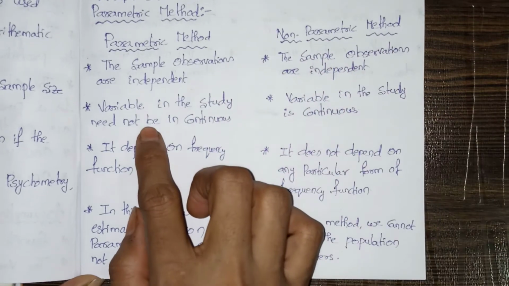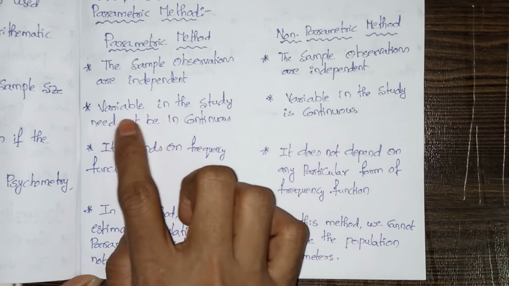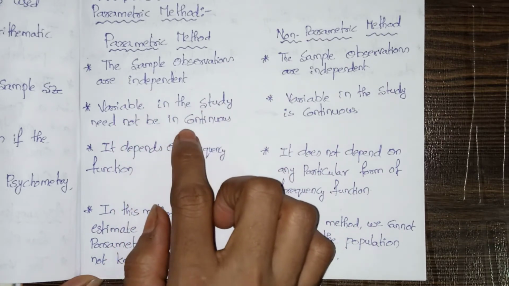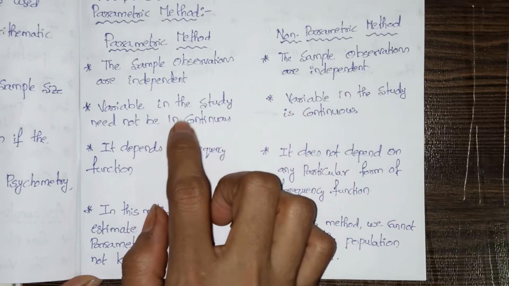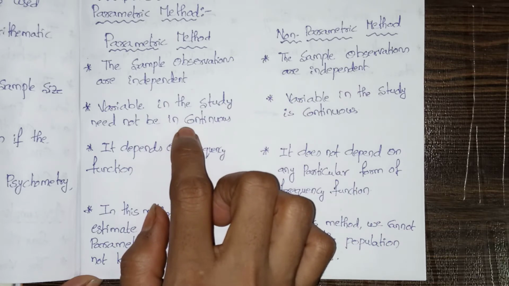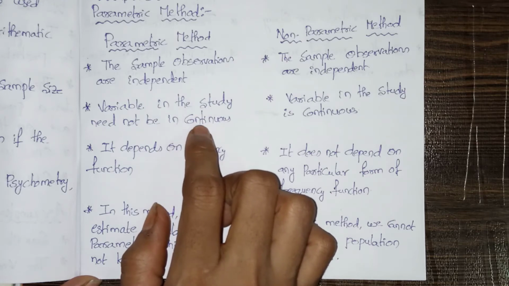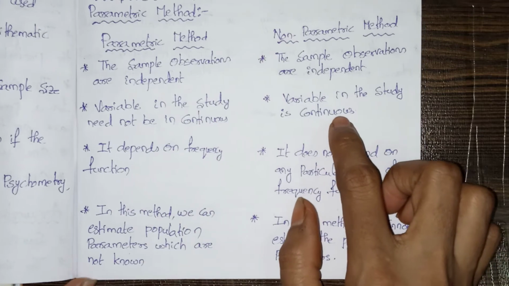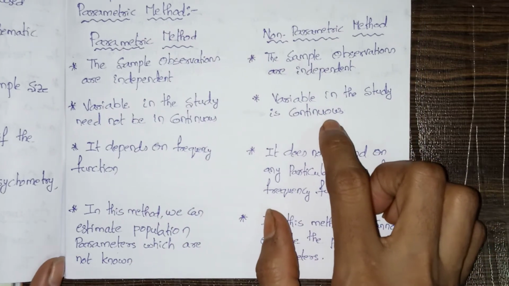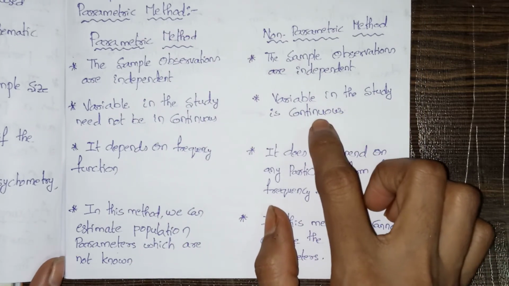Next, the second point, in parametric method variables in the study need not be continuous. It may or may not be, particularly need not be continuous, it may be discrete also. But in non-parametric method the variables should be in continuous series.